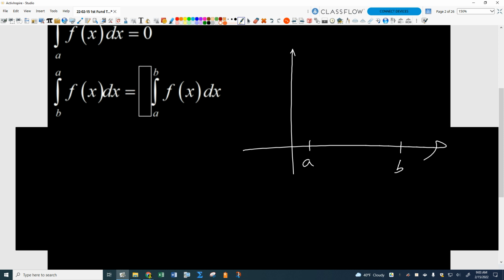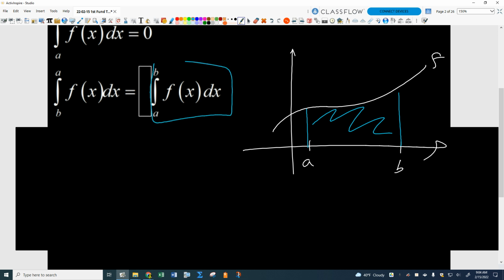So if I've got some area under the curve, and my curve looks like this, I'm just looking at this area in here, aren't I? That's what this integral would represent. Agreed? Okay, if that's the case, then this integral over here would represent adding up the area backwards, right?